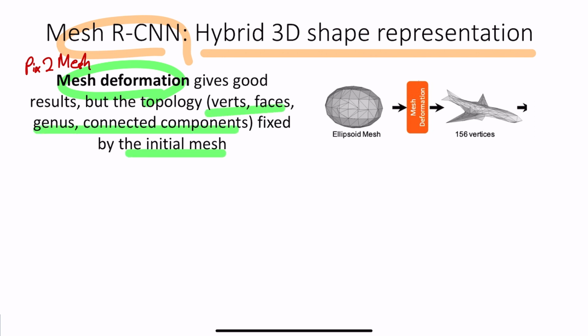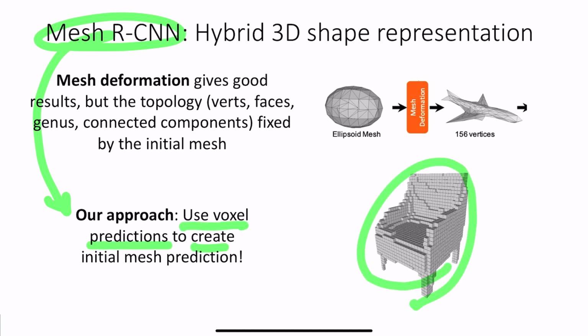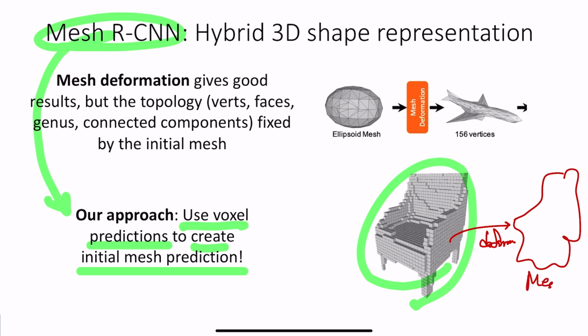In Mesh R-CNN, however, we use a voxel implementation to create the initial meshes, then deform these meshes, using a similar mesh deformation as in Pixel2Mesh.